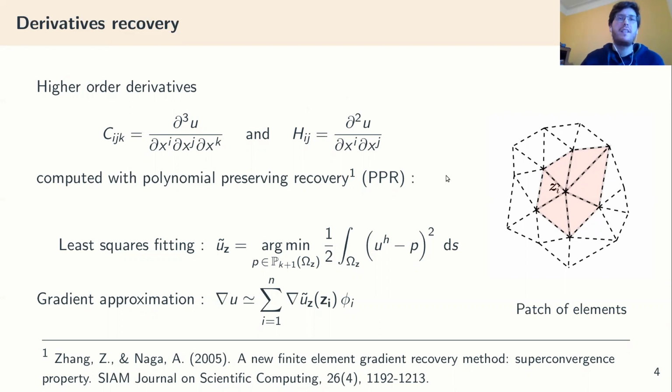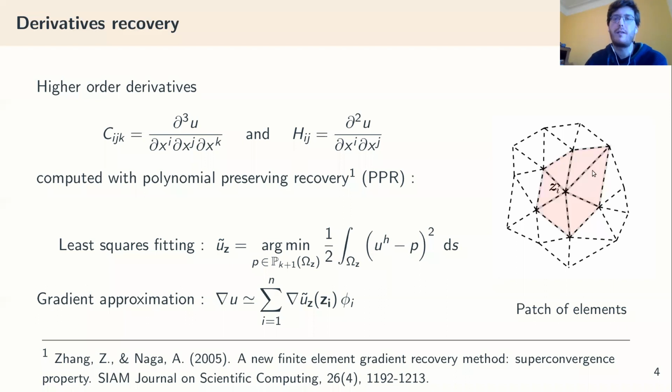So we use the Zhang and Naga method that was already presented by André Fortin and Marco Picasso in the previous talks, which they call the polynomial preserving recovery, the PPR, which consists of finding first a recovery of the solution, which is of one order higher than the finite element solution.